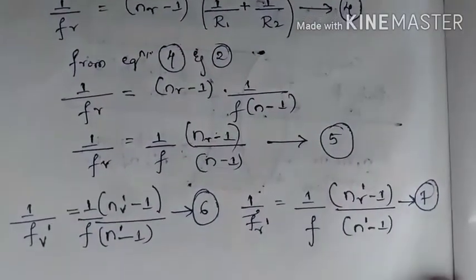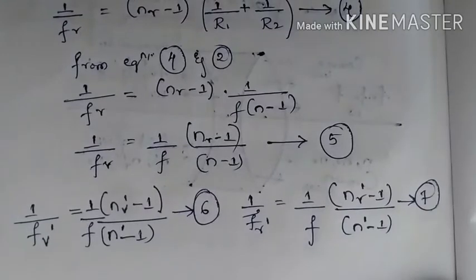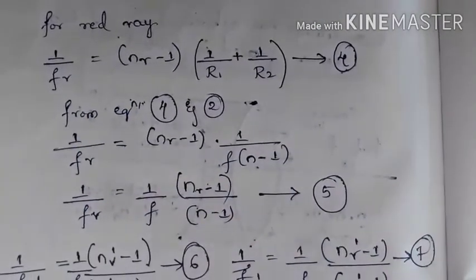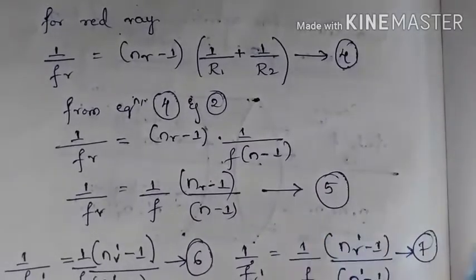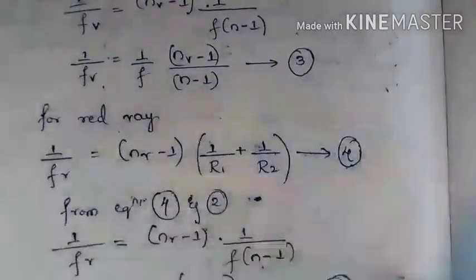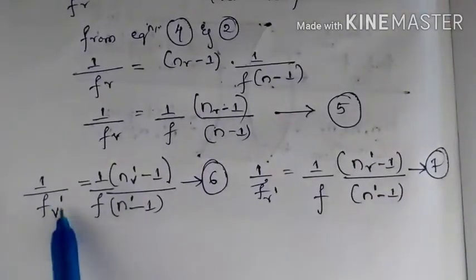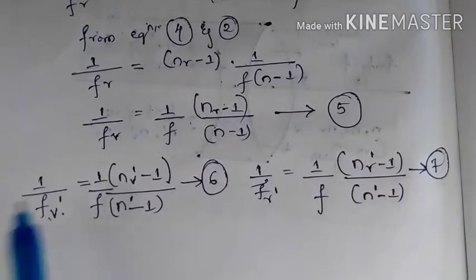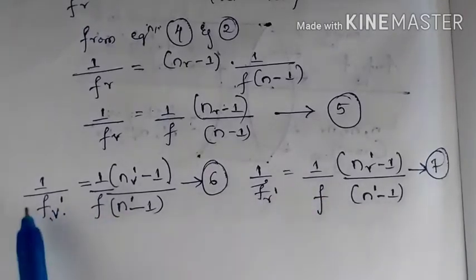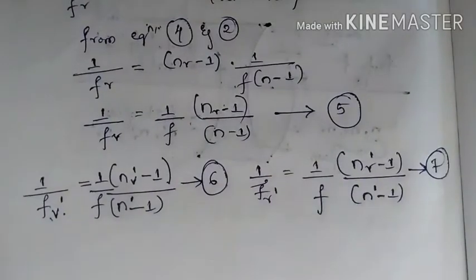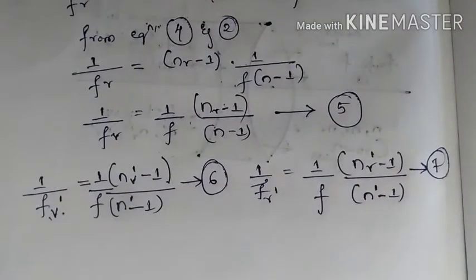So what we have done here is we have written the focal length for the first lens and the second lens. In the first lens we wrote the focal length for a violet ray and a red ray, and for the second lens also we wrote the focal length for a violet ray and a red ray. So here we are using prime just to denote that these terms are for the second lens, that is for the concave lens.